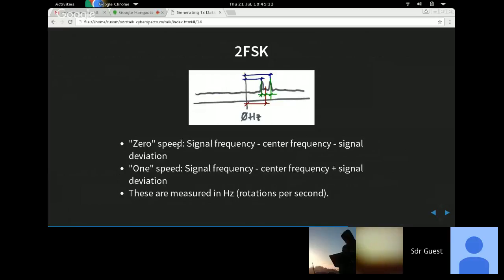So the rotation speed, or the frequency relative to the transmission frequency, on a 0 bit is the offset of the signal frequency minus the symbol deviation, and a 1 bit is the offset plus the symbol deviation. And so, yeah, these are measured in hertz or rotations per second around the origin.